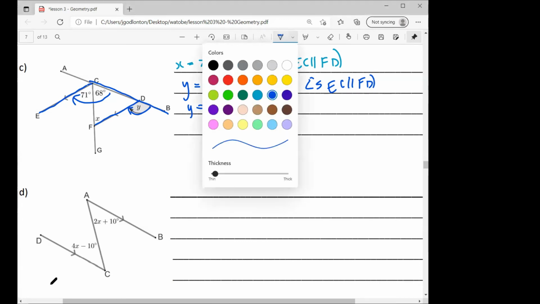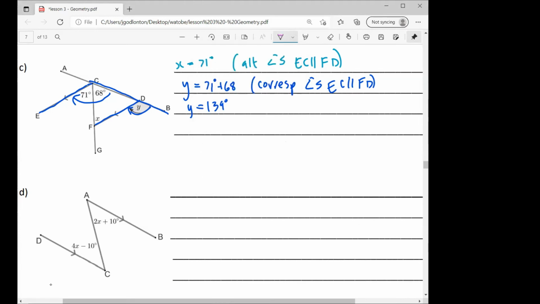For those of you who are feeling a little bit bewildered by this question, think about the Z, and then think about how we would write that equation from there.